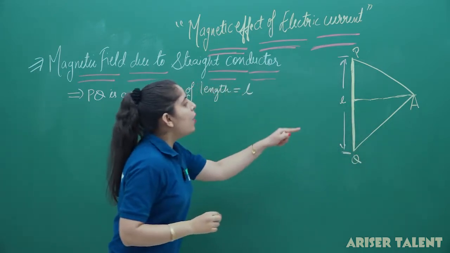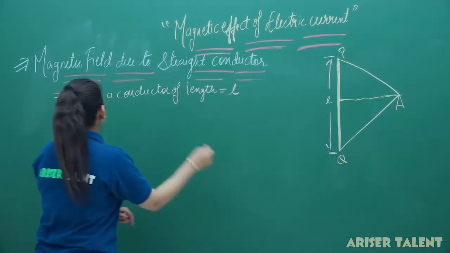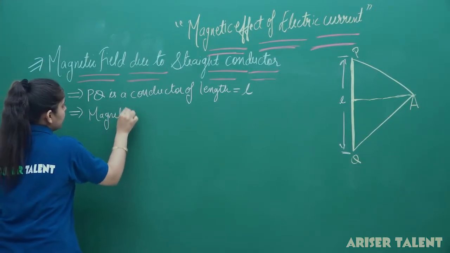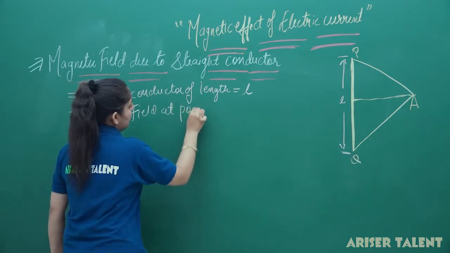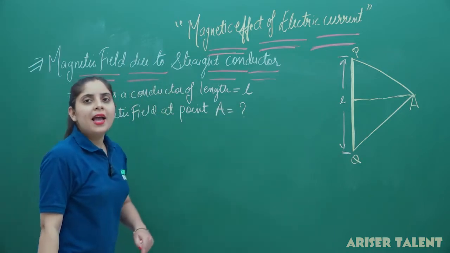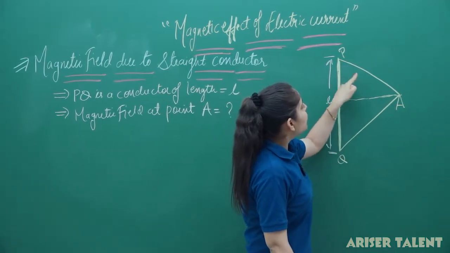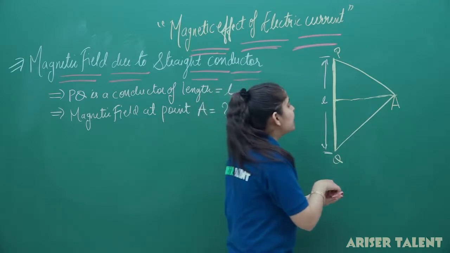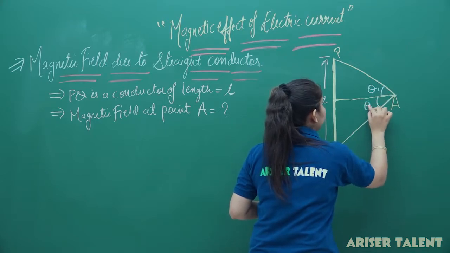Now, you have to determine the magnetic field at point A. I am assuming that A makes angles theta 1 and theta 2 with the conductor. So this angle is our theta 1 and this angle is our theta 2.